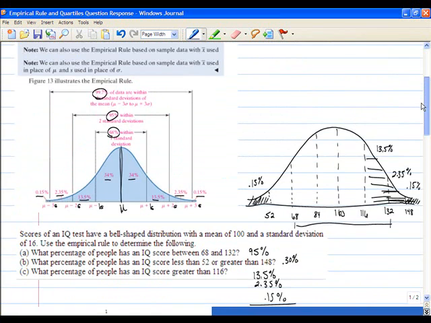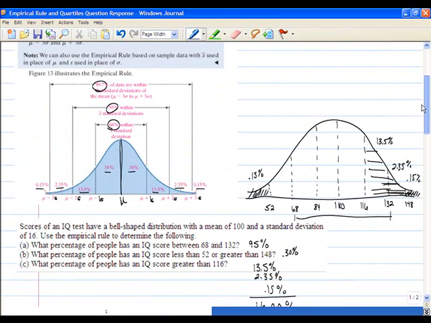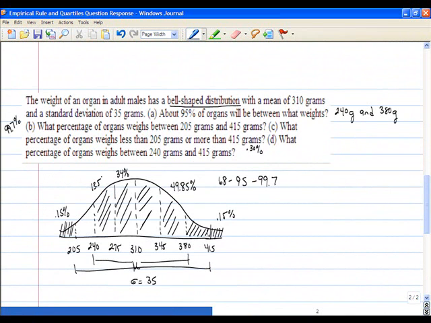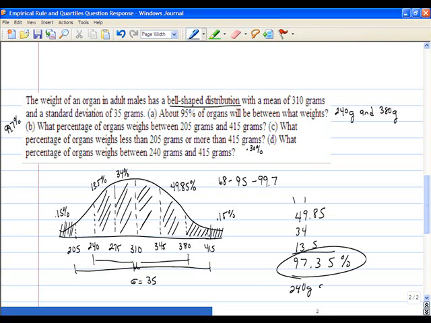And if we look at our table again, we have 13.5%. So if we add that up, we've got 49.85, 34, and 13.5. So 97.35% fall between 240 grams and 415 grams.